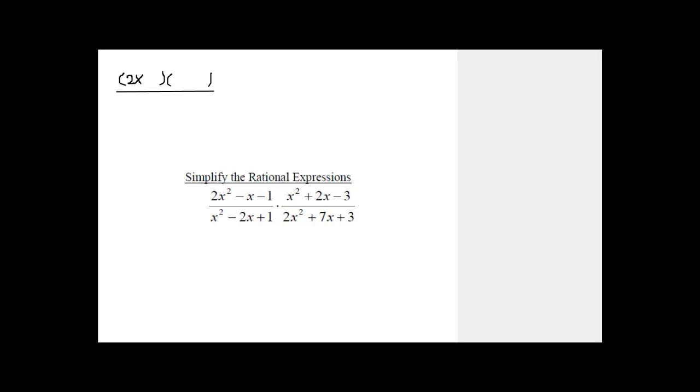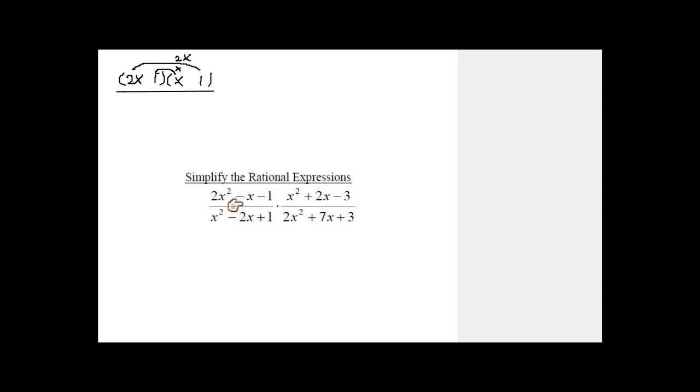So we pick 2x and x here, since we have 2x to the power of 2, so the product of those would be 2x to the power of 2. And when we look at the constant here, 1, the only possibility is 1 and 1, so we put 1 here and 1 here. If I multiply the two closest terms and two furthest terms, I should get the middle term. Here I get x, here I get 2x.